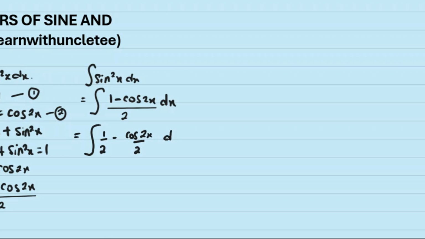So everything with respect to x, which is dx. So this is the same thing as integral 1 over 2 dx minus integral cos 2x divided by 2 dx. So basically, if we integrate 1 over 2 with respect to x, that is going to give us 1 over 2x.